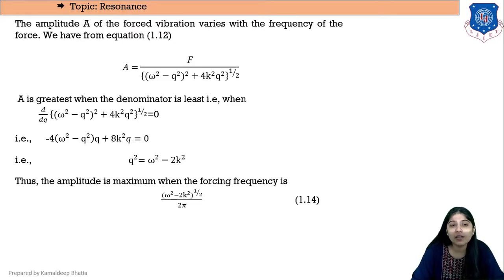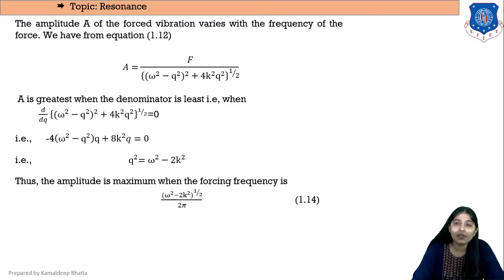So let us consider d by dq of (omega square minus q square) whole square plus 4k square q square, raised to half, equal to 0. So minus 4 (omega square minus q square) into q plus 8 k square q will be 0. So that will give us q square is equal to omega square minus 2k square.